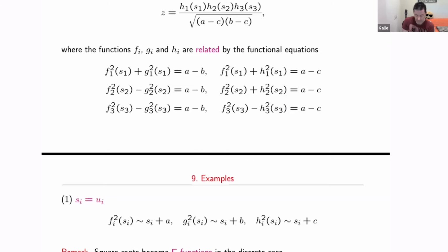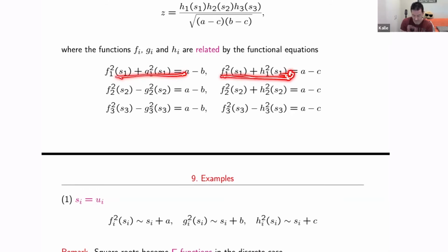So you have 3 functions, f1, g1, and h1, and you're trying to find a solution of those 3 algebraic quadratic relationships. Now, if you only have one, then you could choose, let's say, cosine and sine here. But if you have 2 quadratic relationships, how do you parameterize those 2 relationships simultaneously? Well, you use Jacobi elliptic functions.